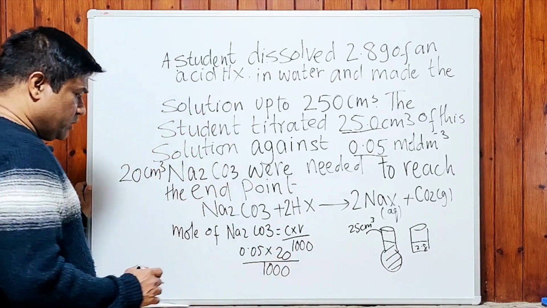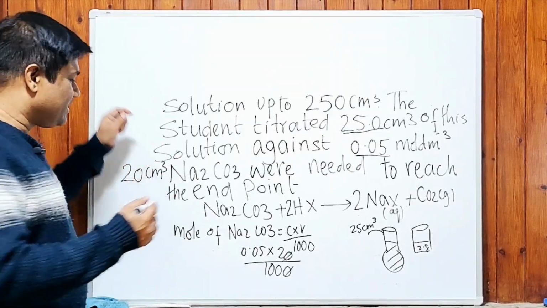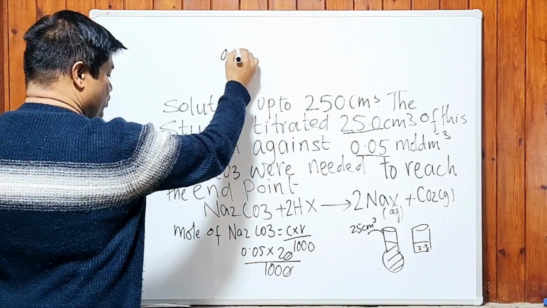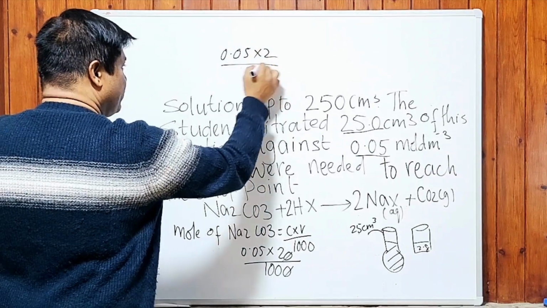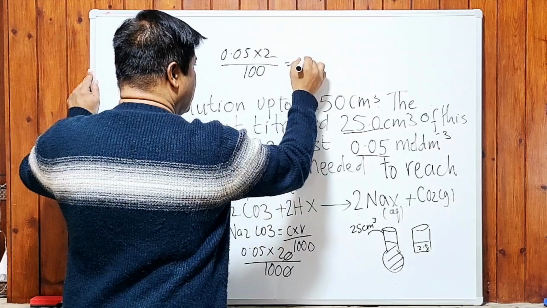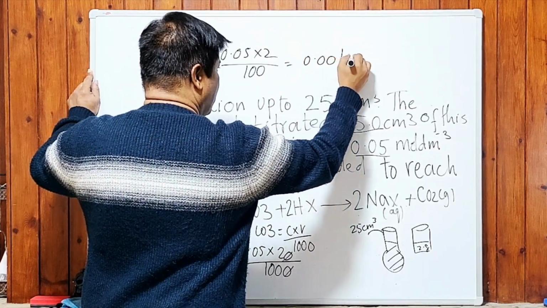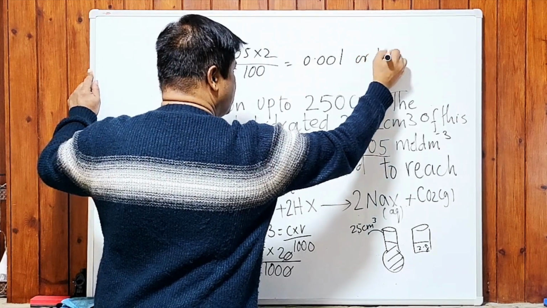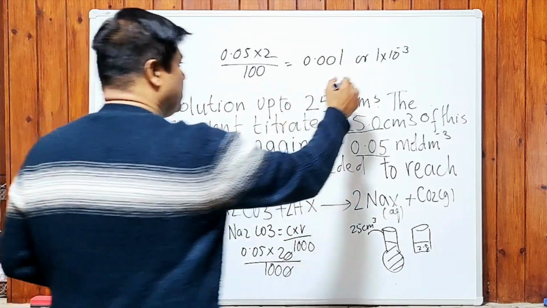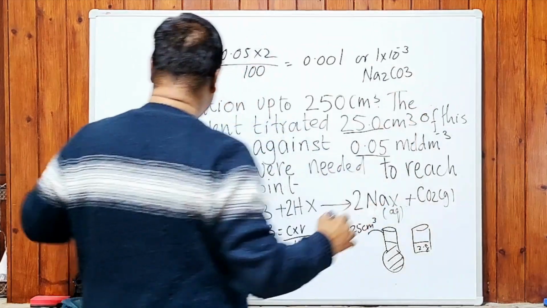So when you work it out, we get 0.001 or 1 into 10 to the power of minus 3 moles of Na2CO3.